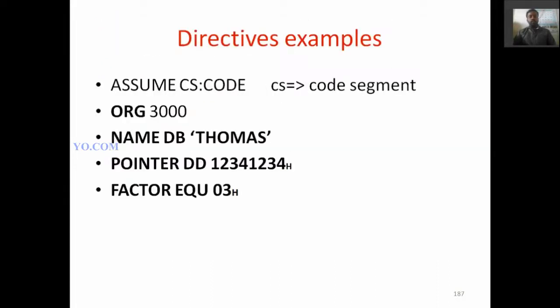Here we are going to see some examples of directives. First, ASSUME CS is code, so CS is the code segment. ORG 3000 means the program starts at 3000, so the assembler starts converting the assembly language into machine language from memory location 3000.